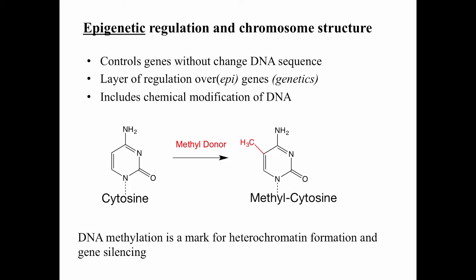Yes, Pat? So why is methylation, I would think that methylation would cause steric hindrance and make it harder to... That's a great question, and that's because chemically, methylation itself does not intrinsically change the structure of chromatin.